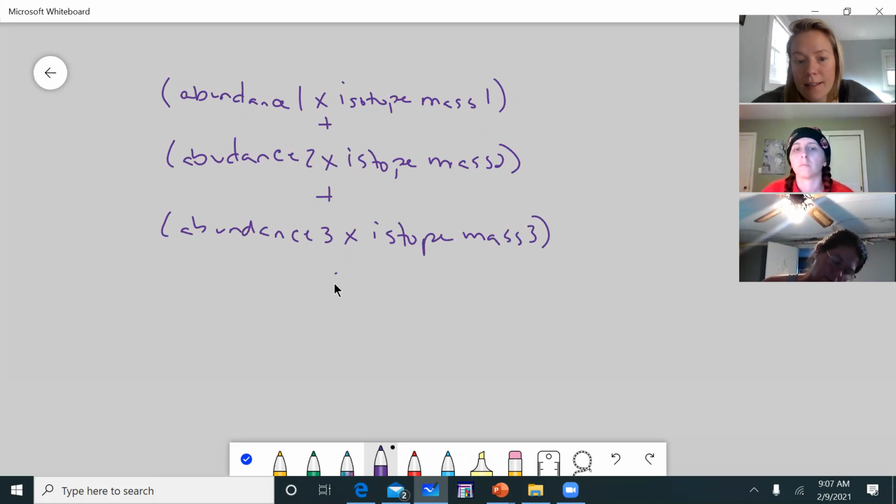And then I'm going to put a dot, dot, dot, dot, because you could have 16 isotopes and you just sort of have to keep the process going.